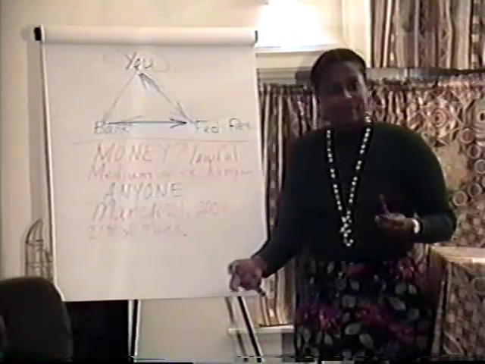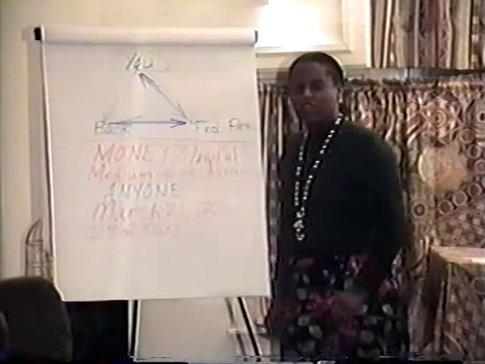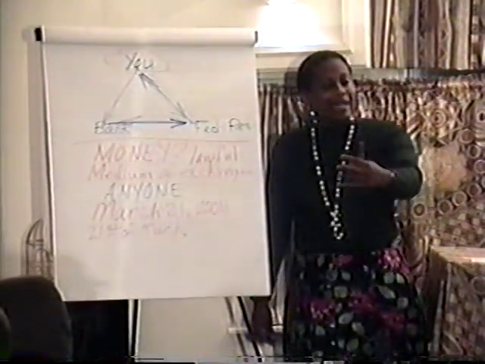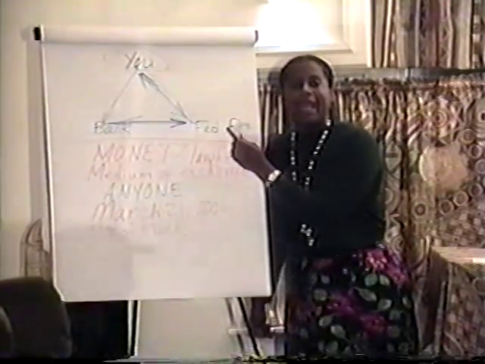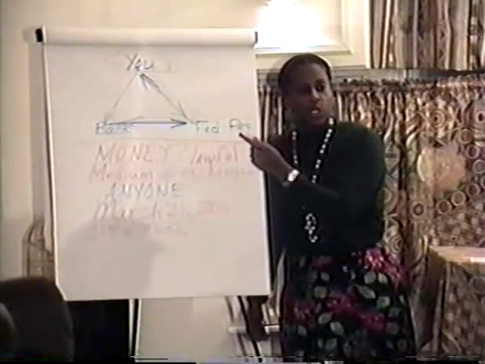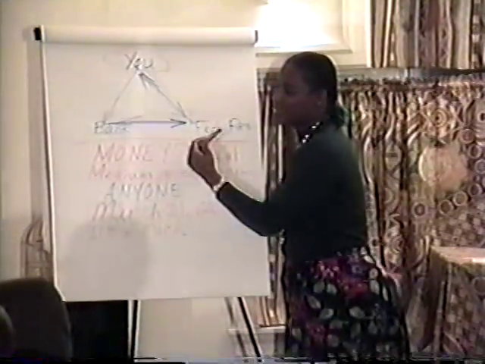Y'all didn't know that. Y'all don't know that the banks are buying the debt notes. They're trading in paper. They're buying these debt notes from the Federal Reserve, and the Federal Reserve is letting them use them.